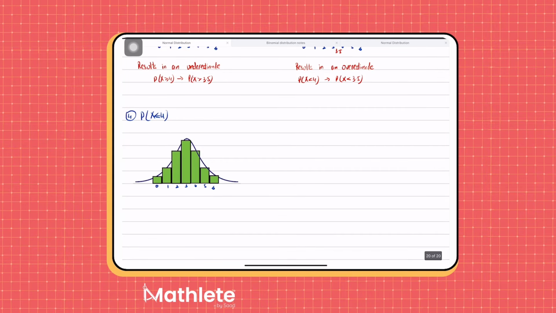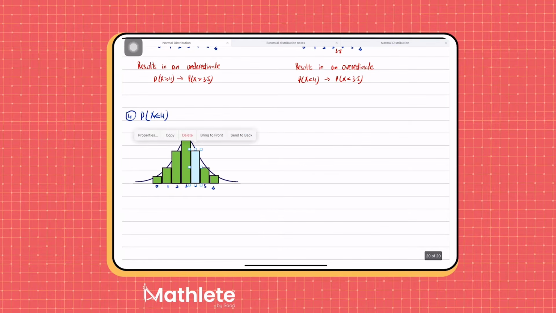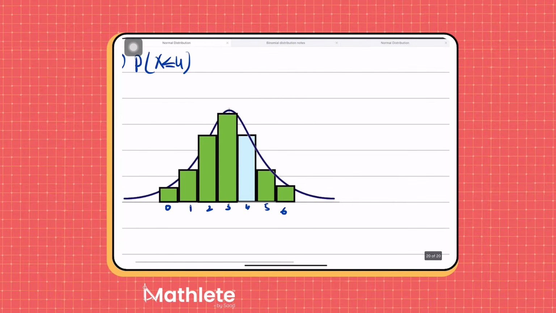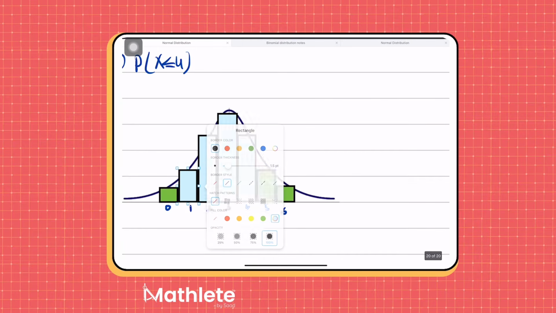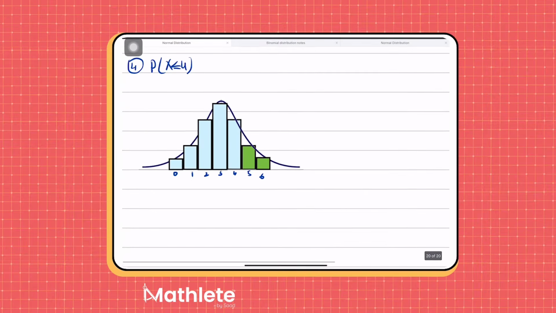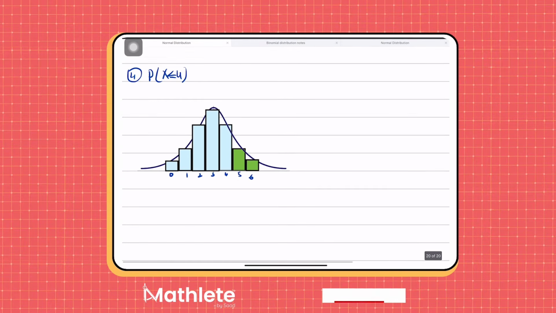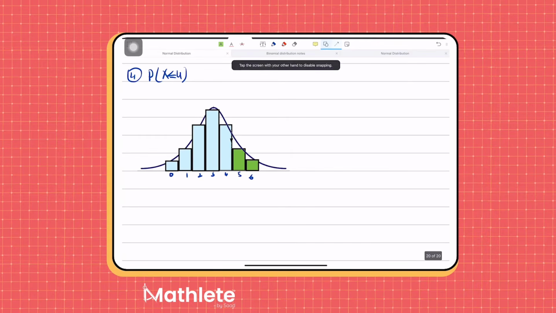As I was saying, lesser than or equal to 4 means 4, 3, 2, 1, and 0. This is as per binomial distribution. Now see if you guys can answer this question. As per normal distribution, this region starts from here.